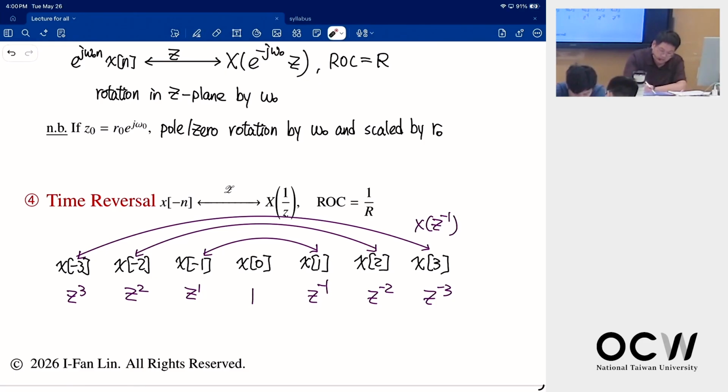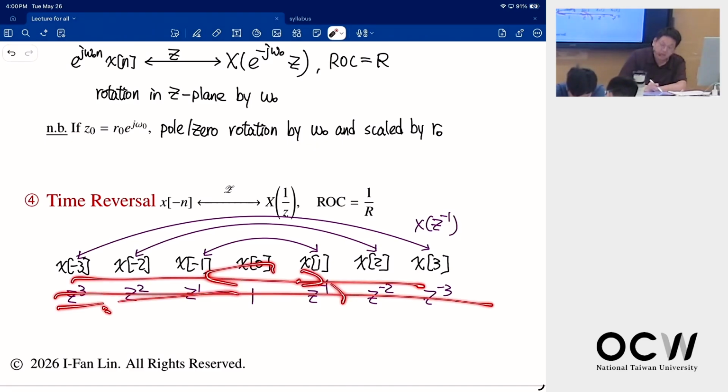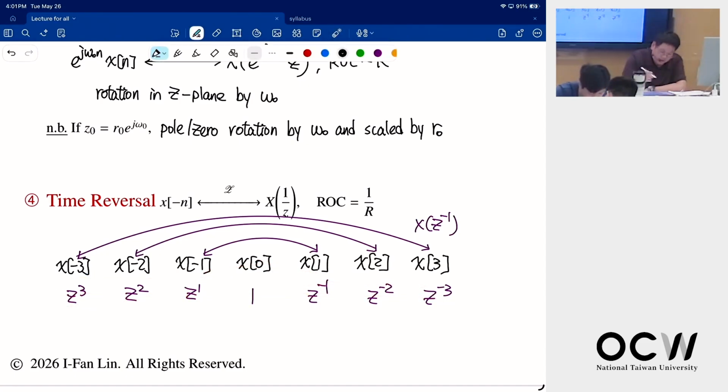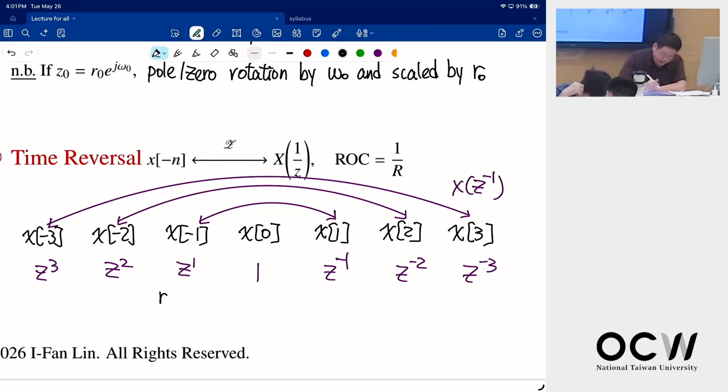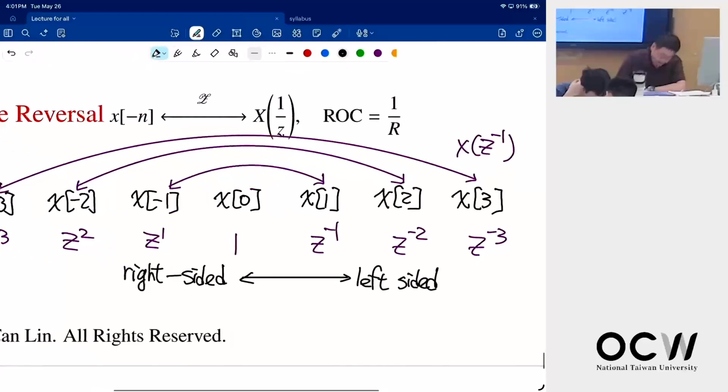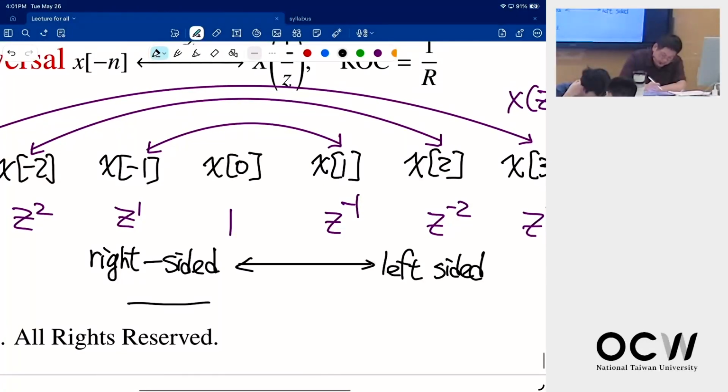So you can think about this as just a flip. They flip all these x's, which means if you are a right-sided signal, then you become left-sided. Then you can also expect the region of convergence. In the past it is outside, but now it becomes inside.